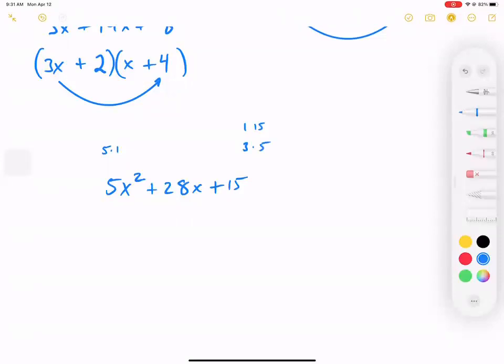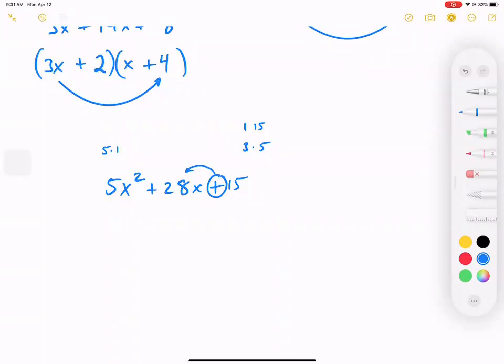Now I want you to start speed dating. Do any of the combinations add up to become 28? And maybe you can spot them really quickly. Maybe it's not as obvious sometimes, so you have to go through all of them. So start picking 5 and start dating it either with a 1 or 15 or 3 and 5, and then 1 will date the other person.